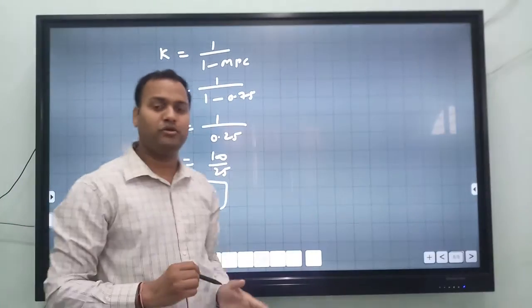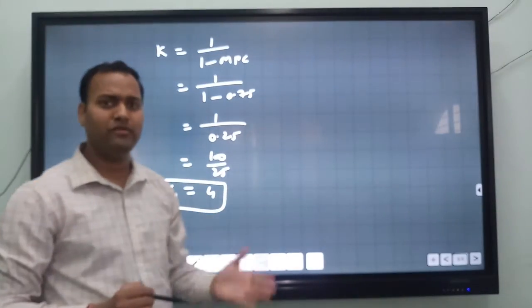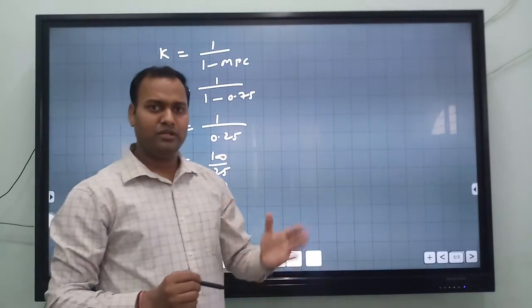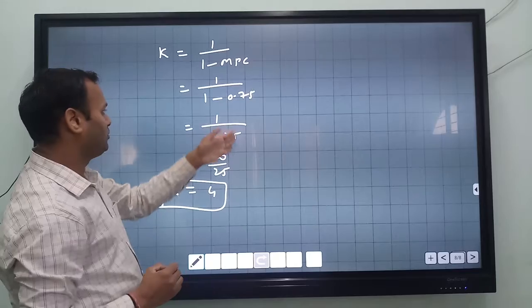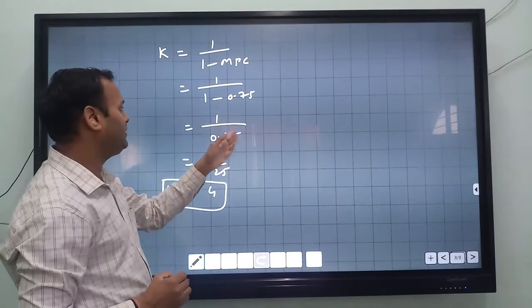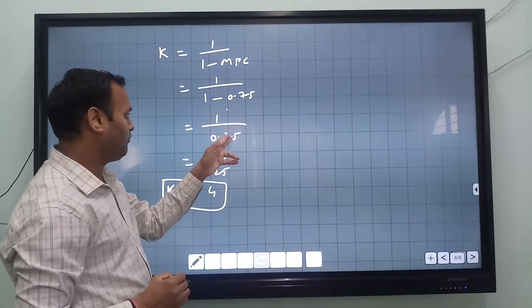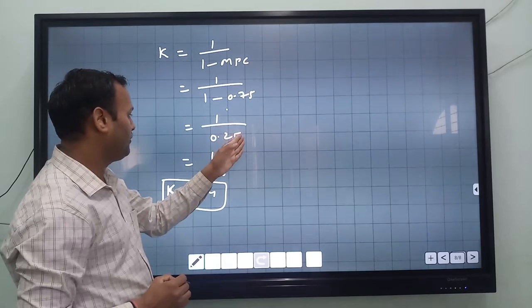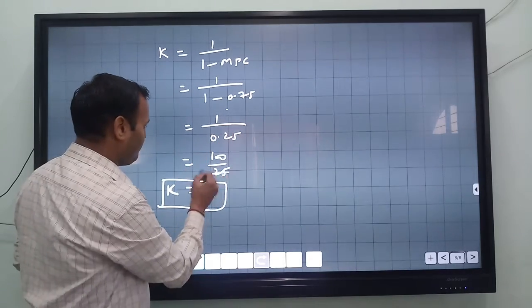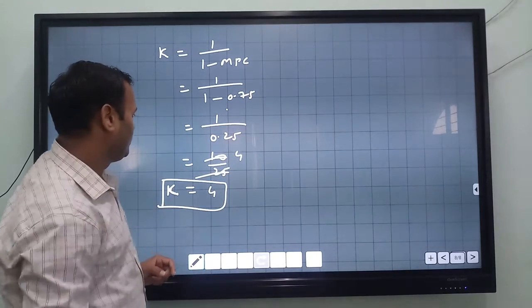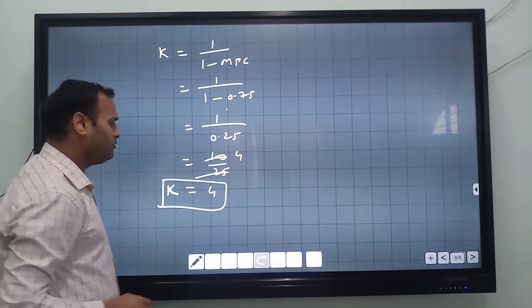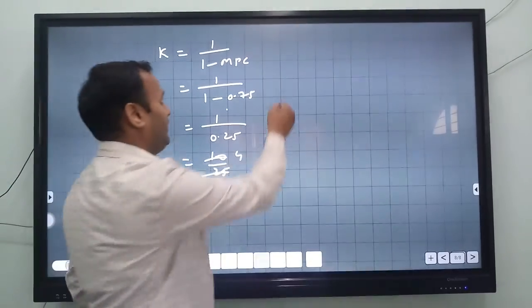So 1 minus 0.75 is 0.25. So 1 upon 0.25. We'll multiply 100 in both numerator and denominator. So 100 upon 25 is 4. So K is equal to 4. This is the value of K.